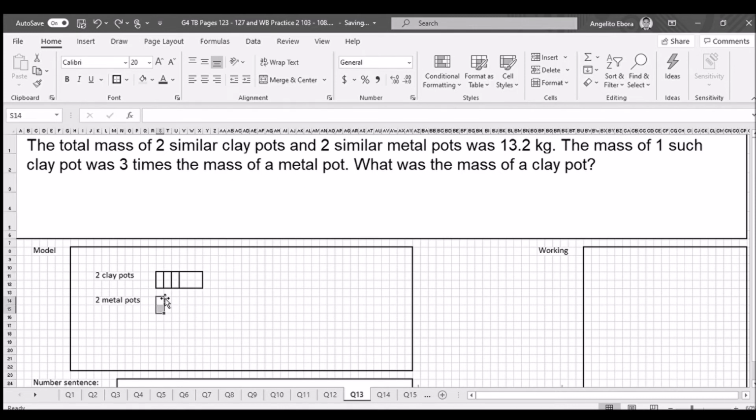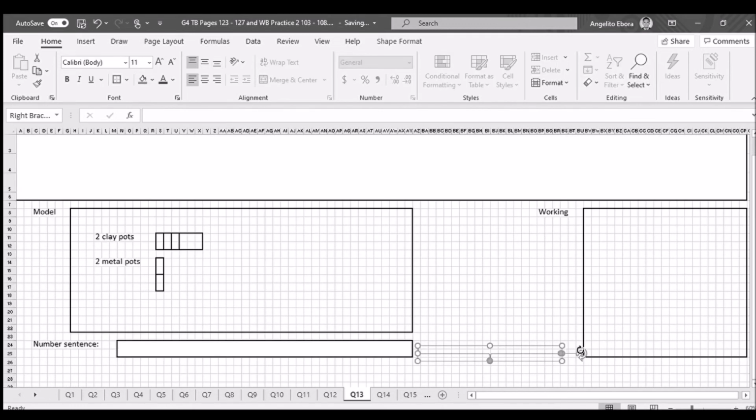So that means this is the metal pot. So one metal pot, and then let's add another, 2. So it says 2 metal pots, and the total is this.